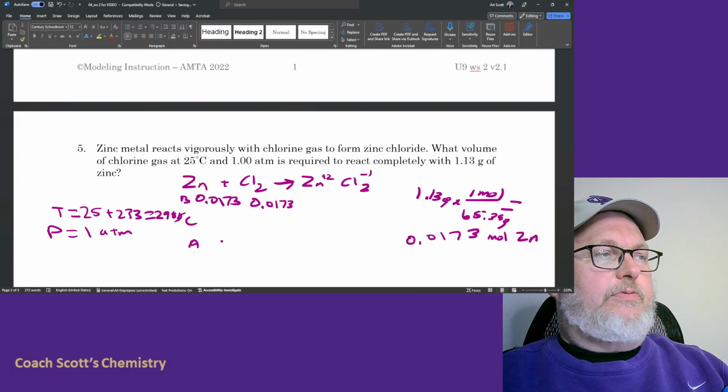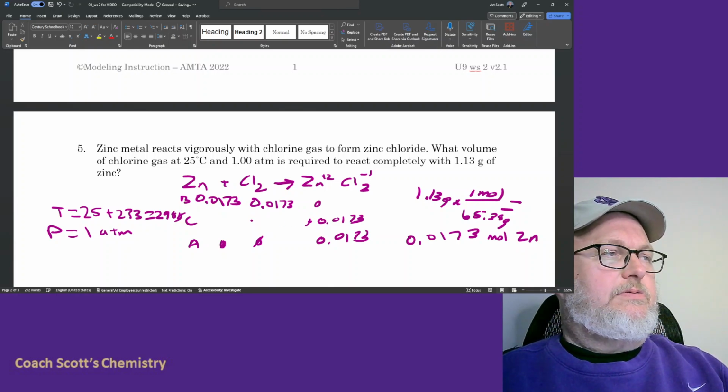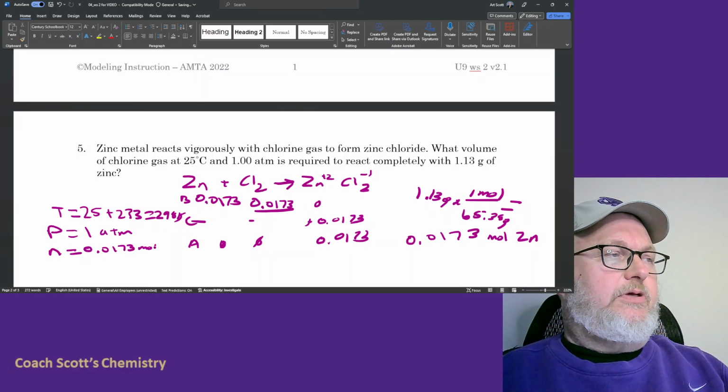Subtract that, we'll end up with 0, 0, and start with 0 on that, and that's what's going to be at the very end, plus, minus, minus. So that tells me how many moles of chlorine gas I've got. 0.0173 mole.